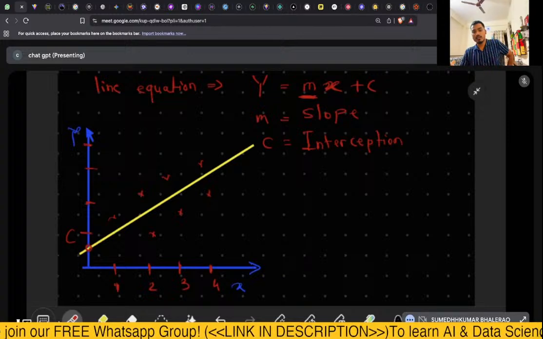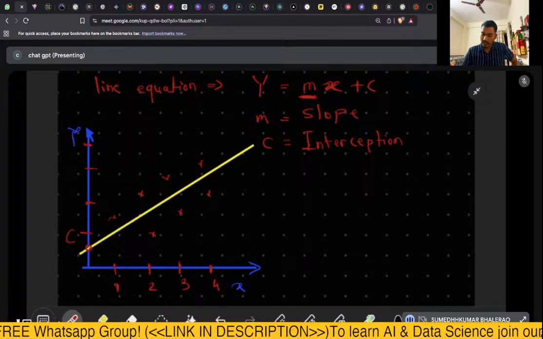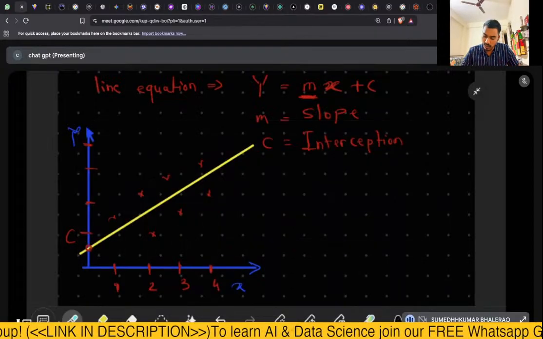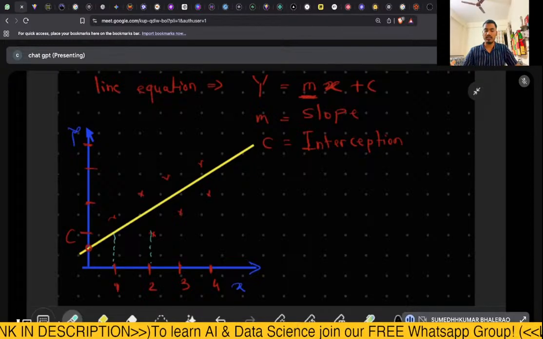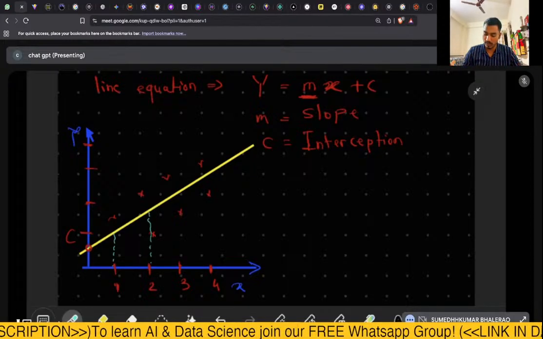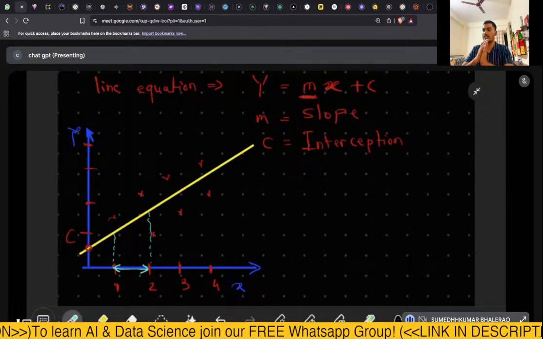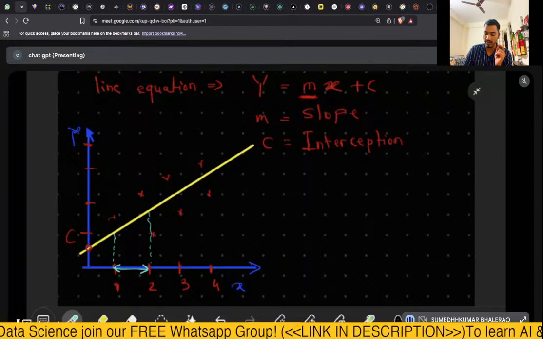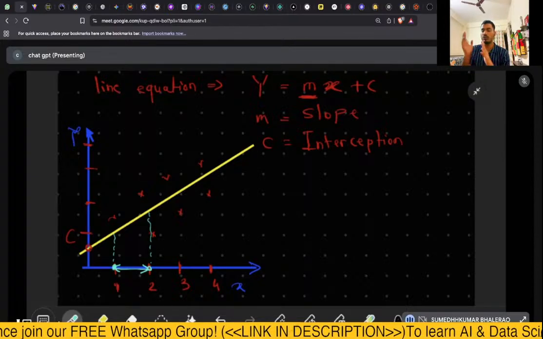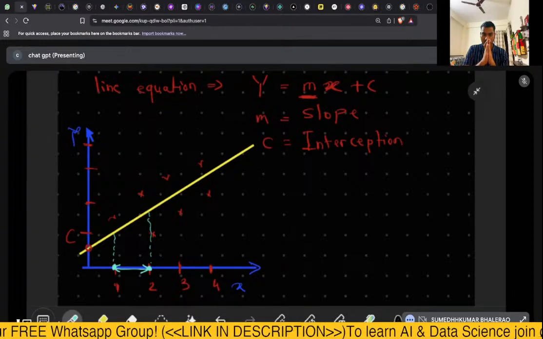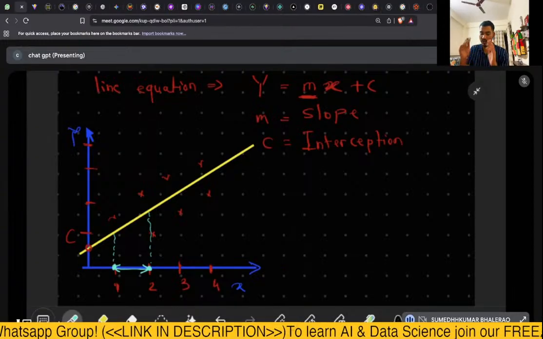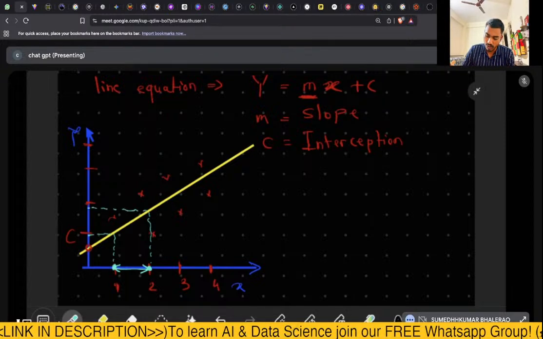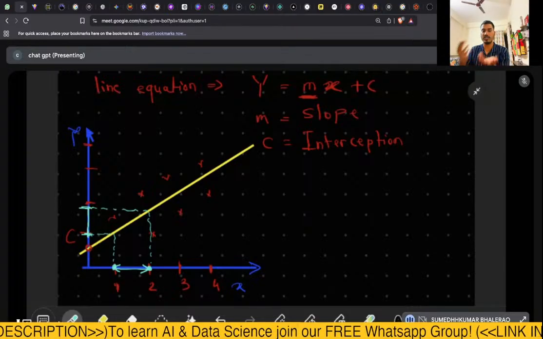The slope will be calculated in such a way that for 1 unit of x movement, listen carefully, on the x line we are traveling from 1 to 2, meaning from one movement on x, how much are we moving on the y axis?